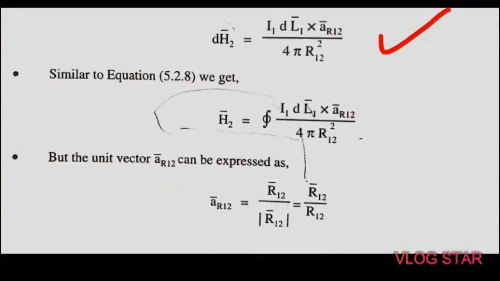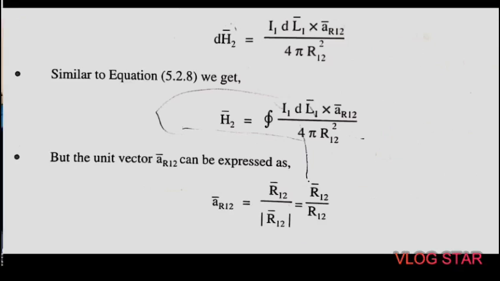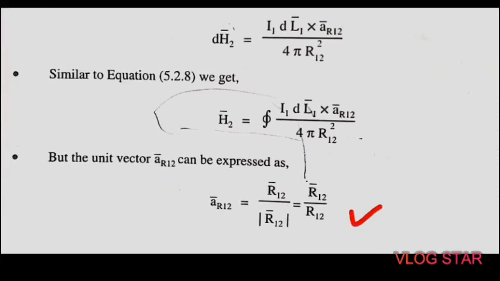If we calculate the total value, then we have to integrate, and we will get H2 bar is equal to the integration of I1 dL bar cross aR bar upon 4 pi R12 square. Here we know that the unit vector aR12 bar is equal to R12 bar upon mod of R12 bar, which can be written as R12 bar upon R12.